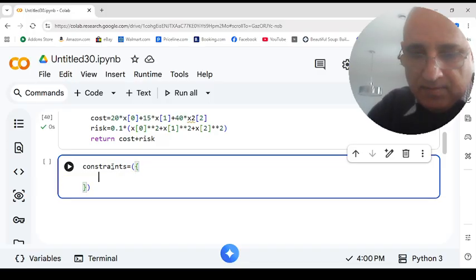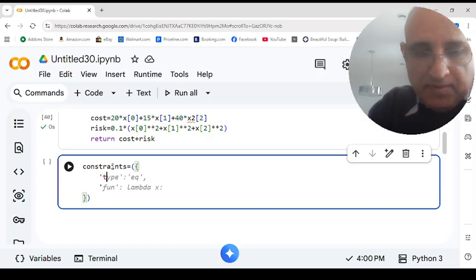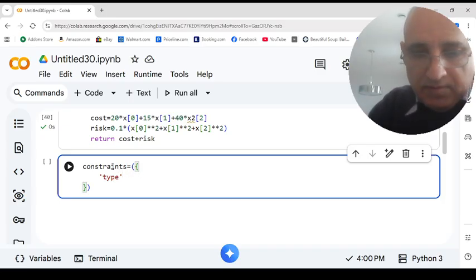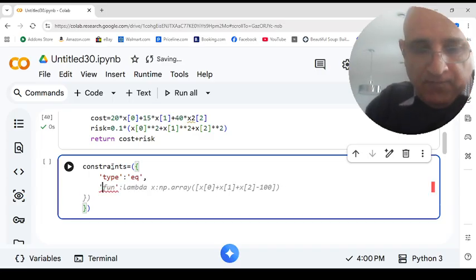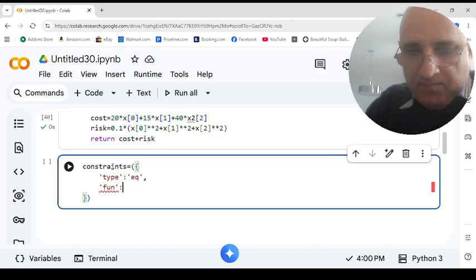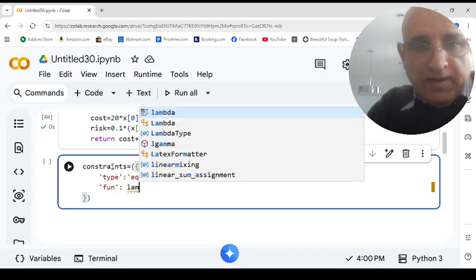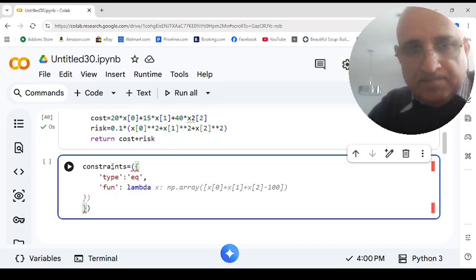First of all, the type, and we write equation, and then the function would be, now we have to define that, lambda x.